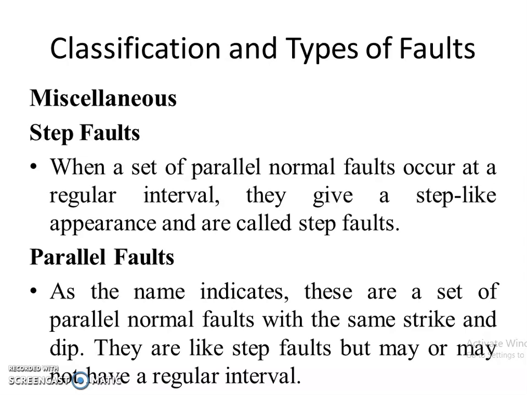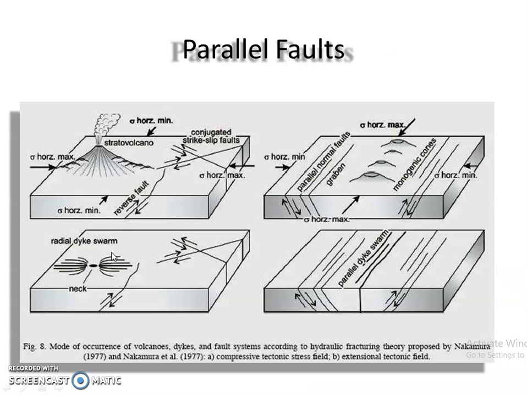Coming to step fault, when a set of parallel normal faults occur at regular intervals with a step-like appearance, we call it a step fault. When it is not at regular intervals, we call it a parallel fault.